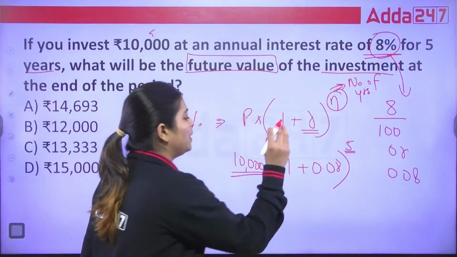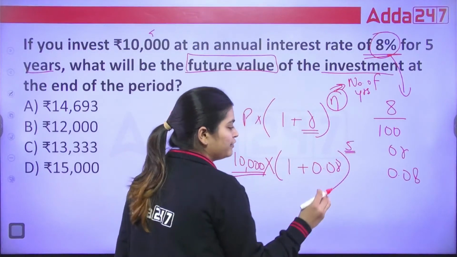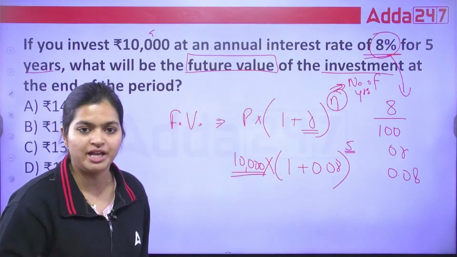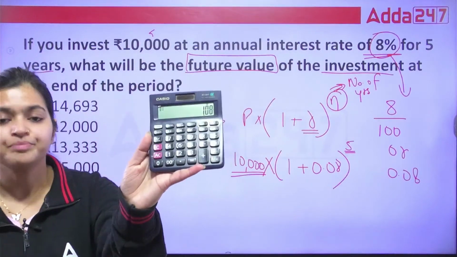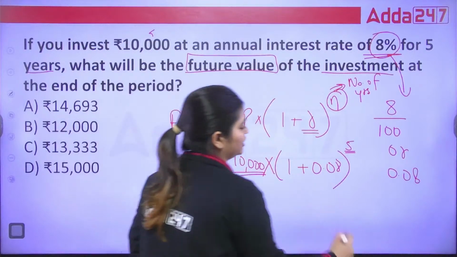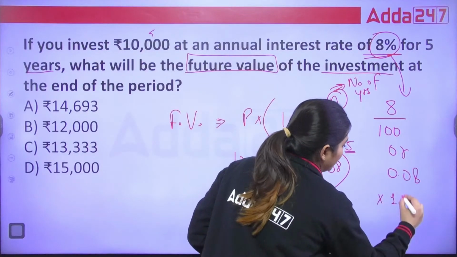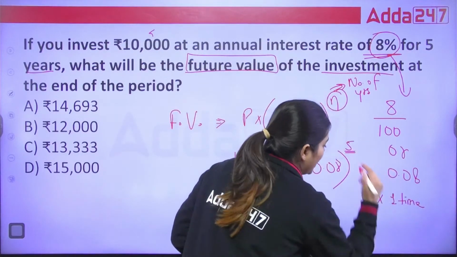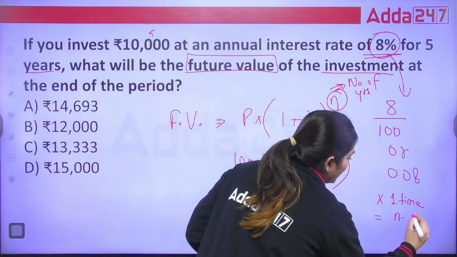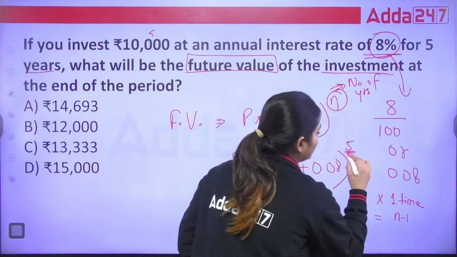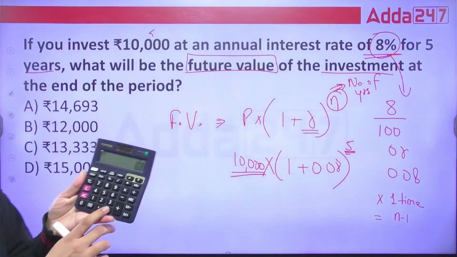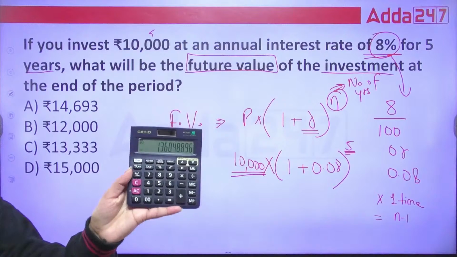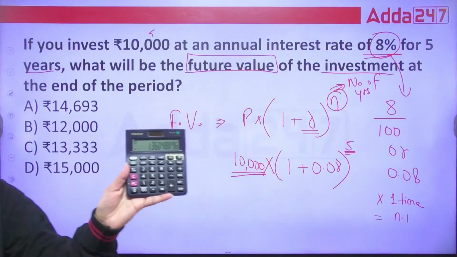If you are calculating power 5 in a future value calculation, you need to press multiplication 1 time and then equal to 4 times. Multiplication 1 time, and equal to n minus 1. N is 5, means 4 times you need to press equal to. That is 1, 2, 3. So this is your value.